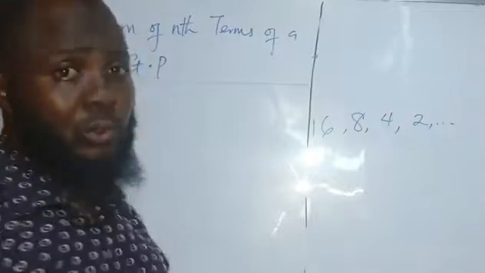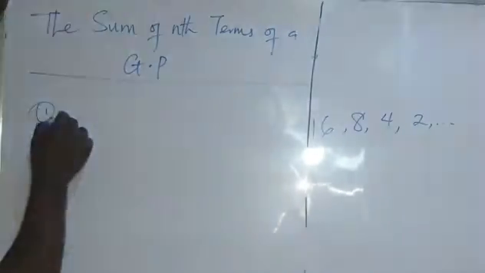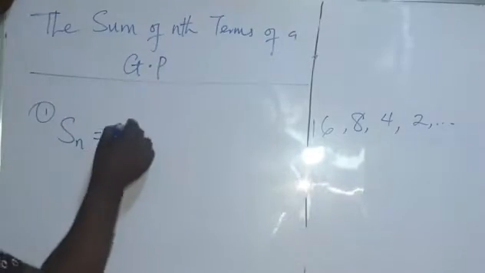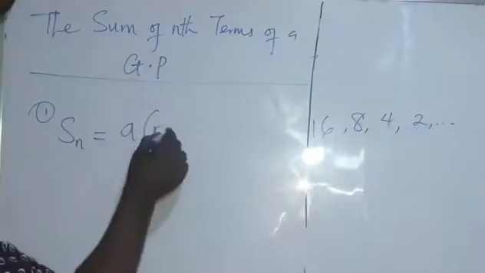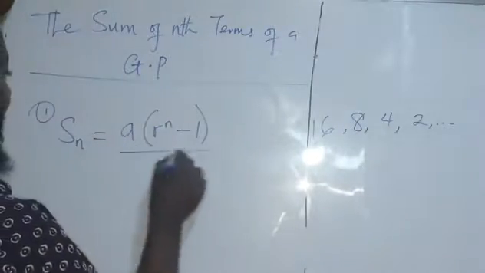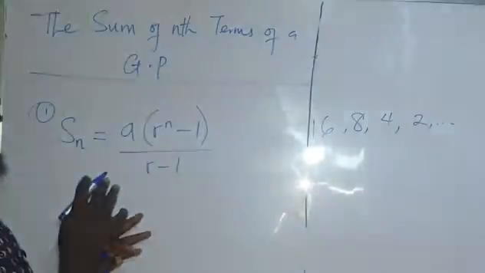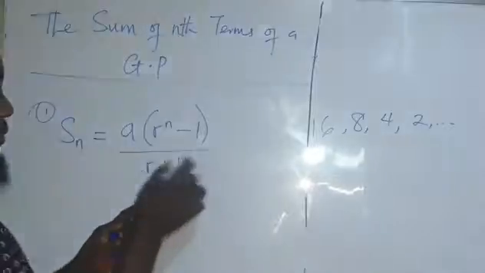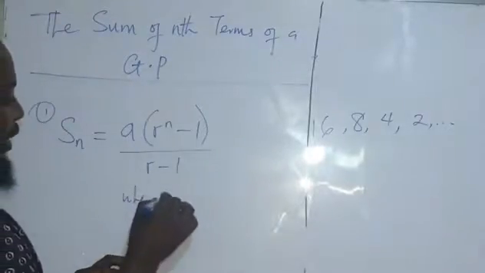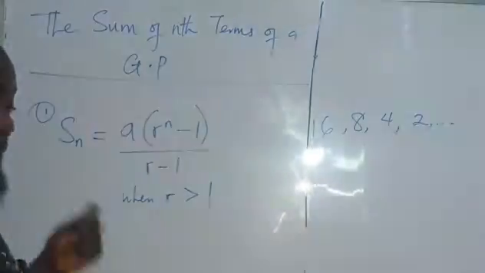So we're going to be looking at two formulas. The first one is the sum of n terms of a GP is A into brackets R raised by n minus 1, divided by R minus 1. This one is used when the common ratio is greater than 1.